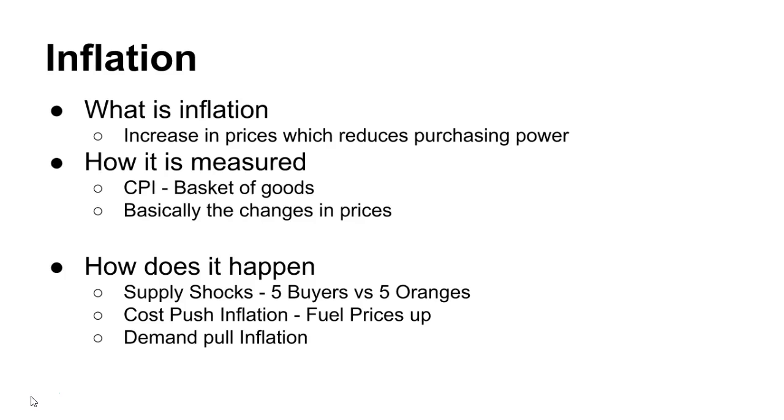Well, it's based on a basket of goods, and as the prices of goods within this basket increase, so will inflation. It's measured based on a number called CPI, I think it's called the Consumer Price Index. And how does inflation happen? Well, 3 textbook examples would be supply shocks, cost push inflation, and demand pull inflation.